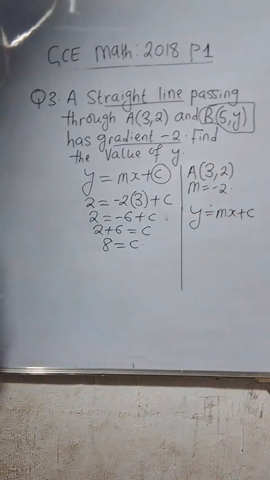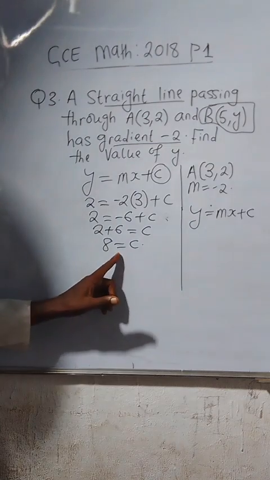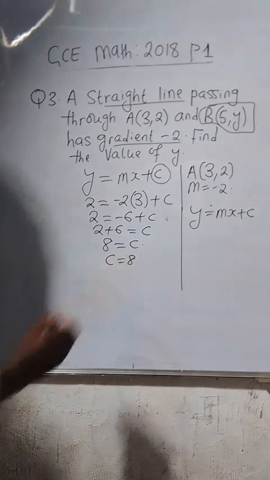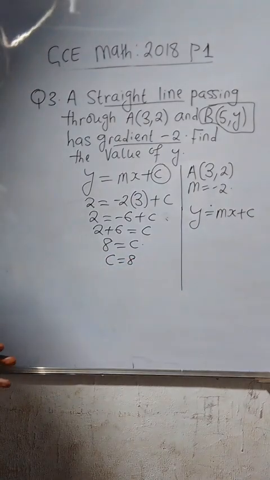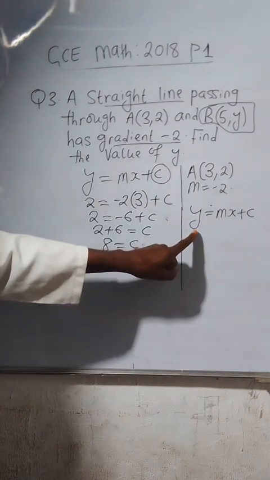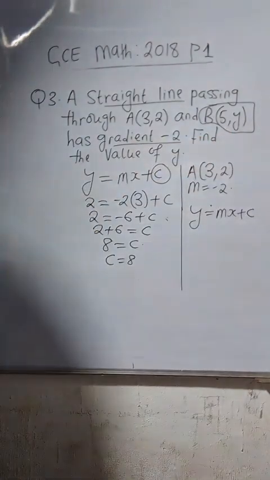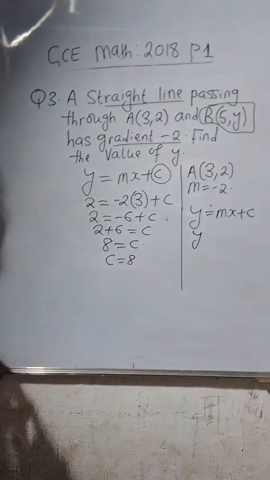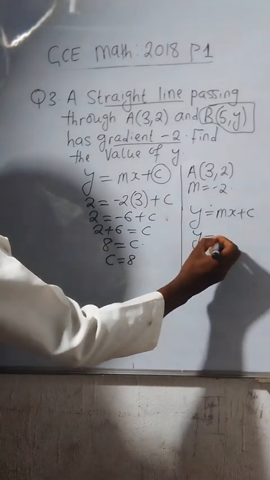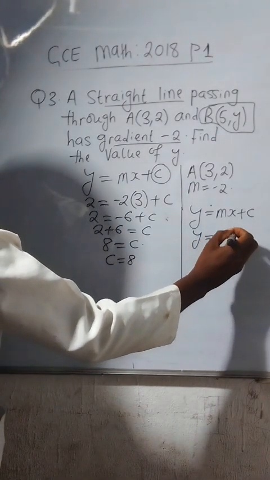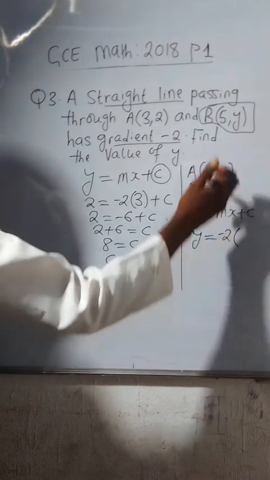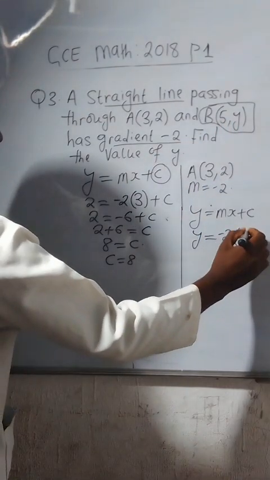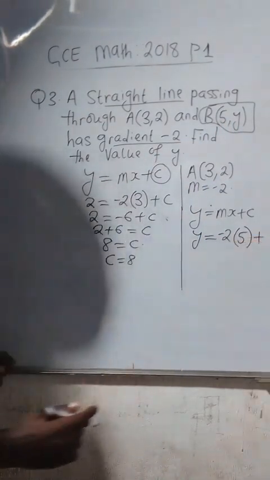This time you can see that we have the value of c, which is 8, so we can just say c = 8. Now we are looking for the value of y, because point B says 5, y. So we are not going to substitute this part because that's what we are looking for. Our gradient is still -2, and the value of x on point B is just 5. Close the bracket and then plus c.